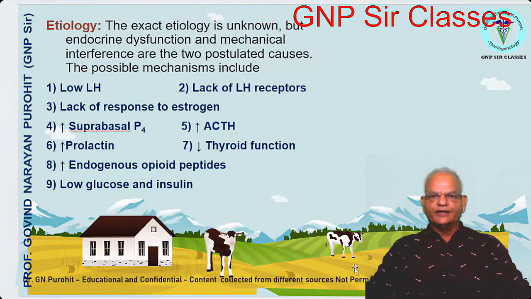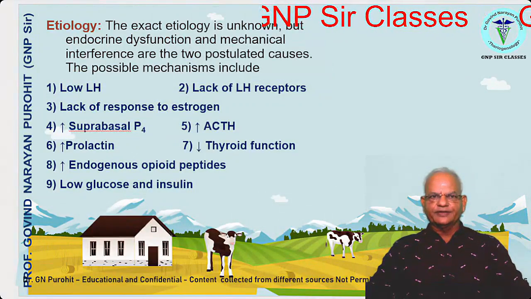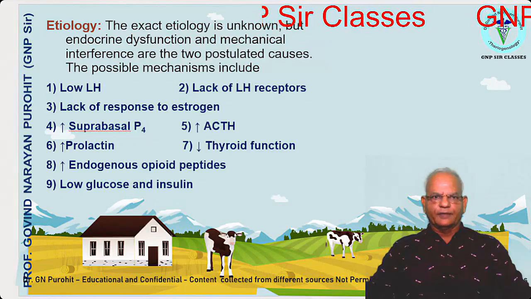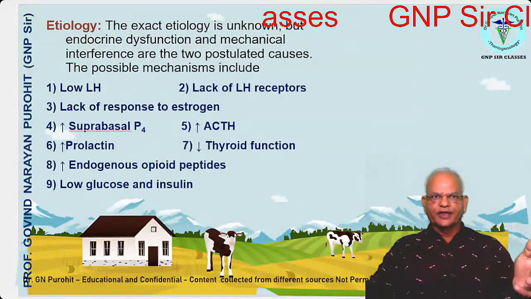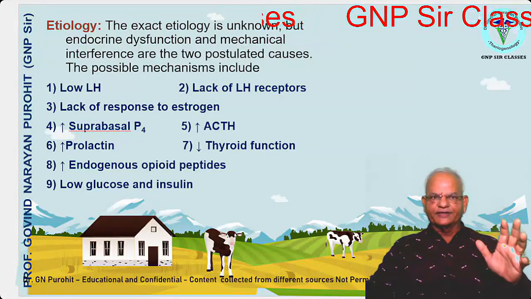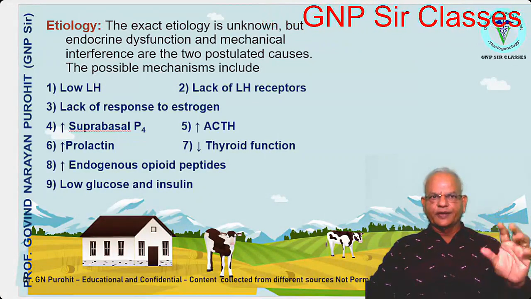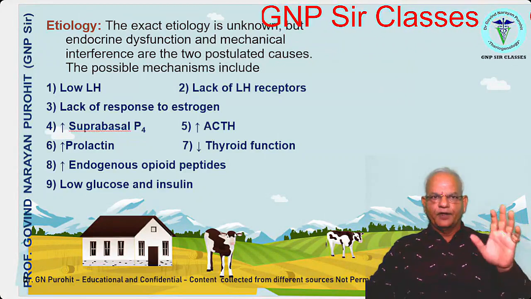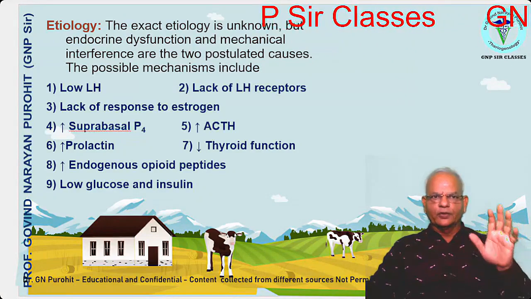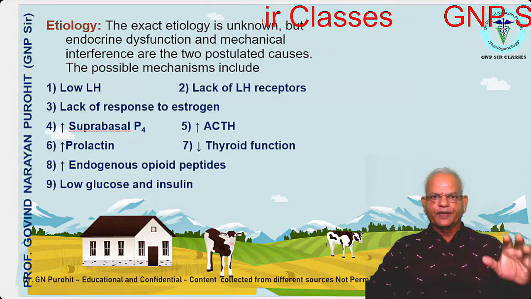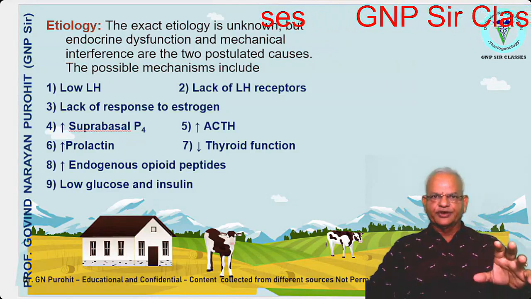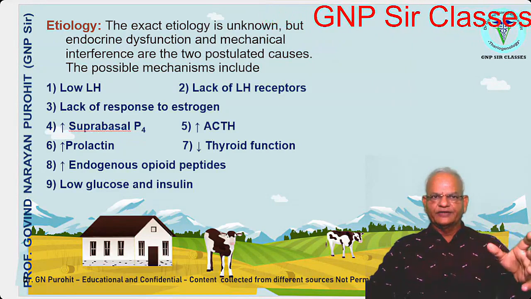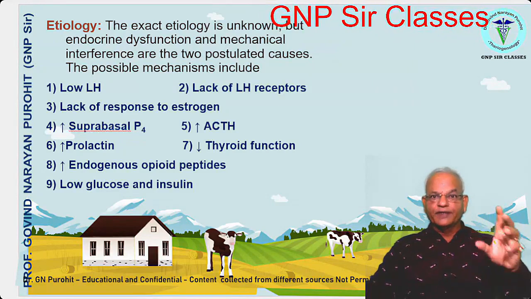Now, the exact etiology of why ovarian cyst occurs in cows is poorly known, but endocrine dysfunction and mechanical interference are the two postulated causes. The possible mechanisms include low luteinizing hormone, lack of LH receptors, lack of response to estrogen for release of LH, and then suprabasal progesterone.